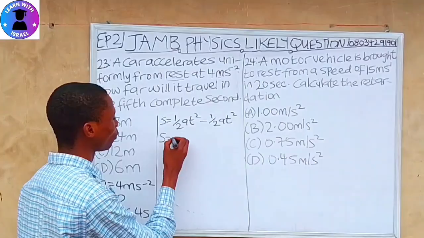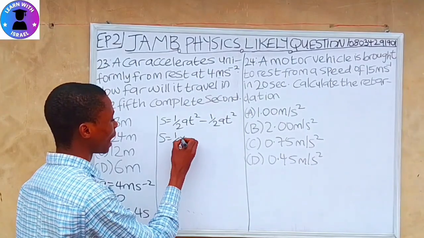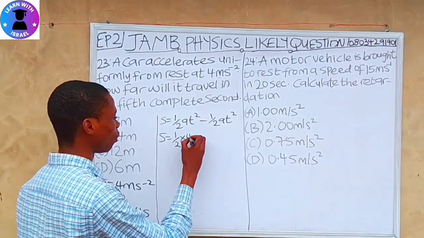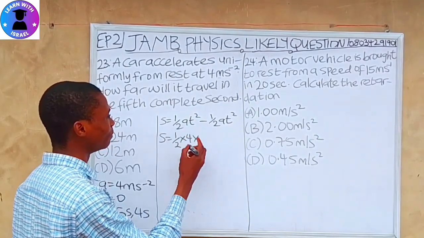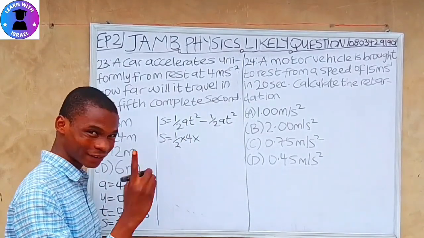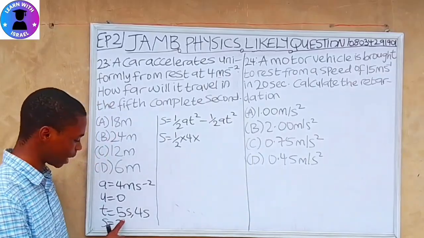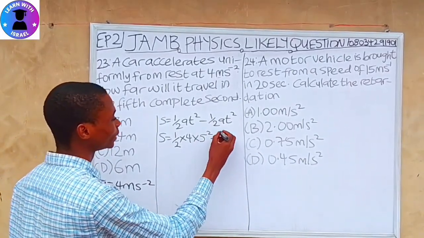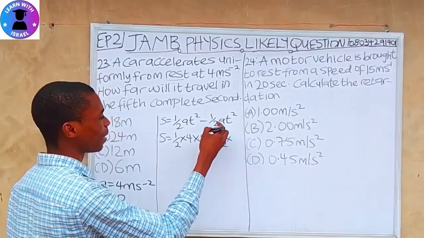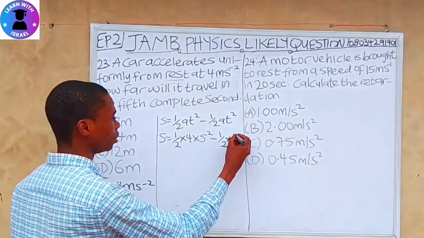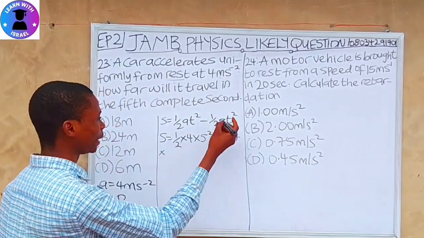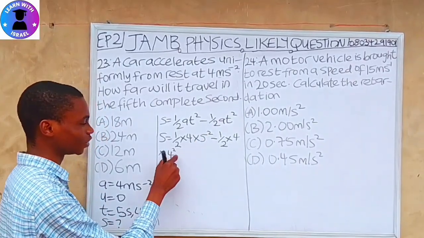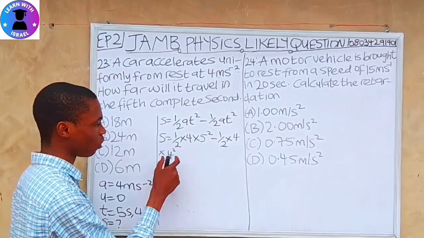Our distance equals half multiplied by our acceleration, which is 4, multiplied by time. Let's solve for our first time, which is 5 seconds. Let's square it. Minus half multiplied by our acceleration, which is 4, multiplied by our time, which is 4 square. We can't use 5 because we are solving for the second time, which is 4.